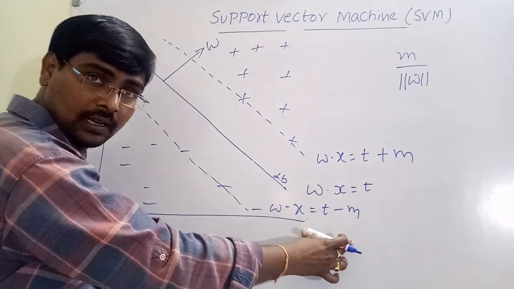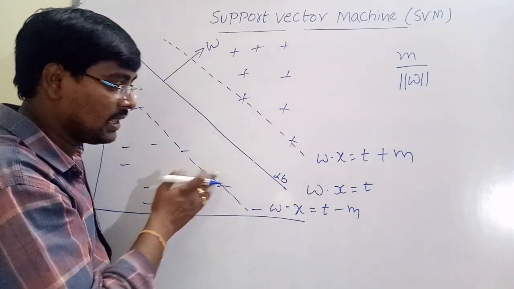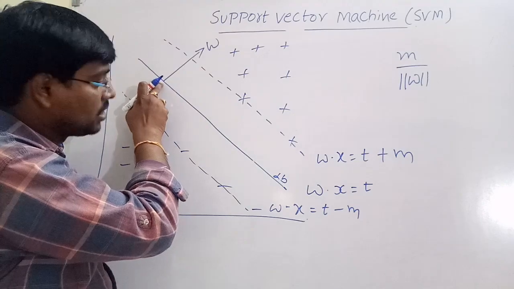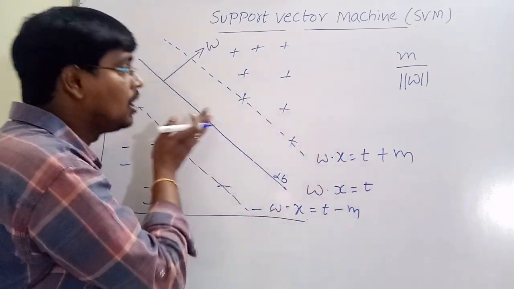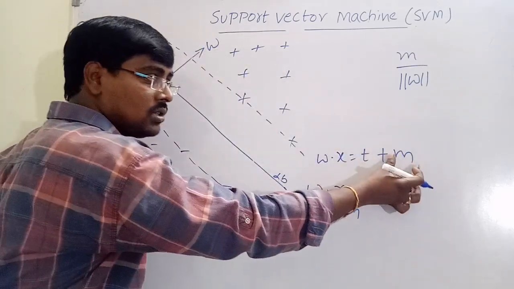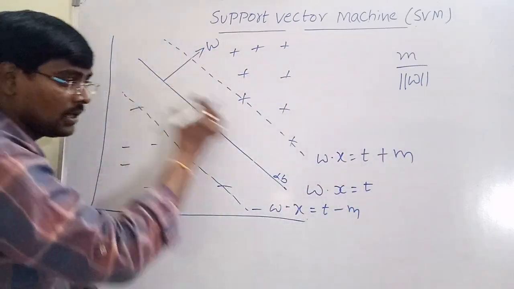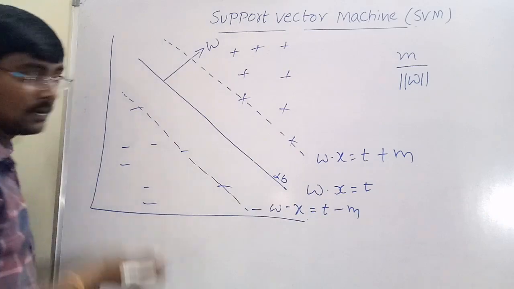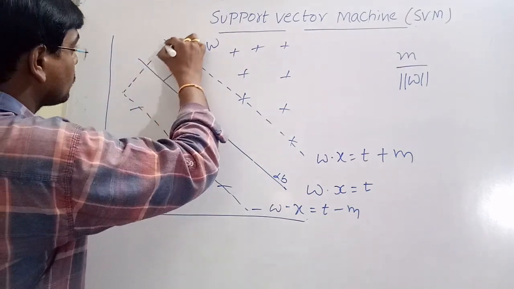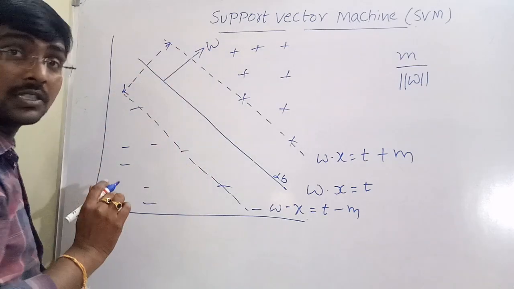Okay, these points are clear. I am calculating the M value. From this position, M is equal to 0. We are moving in this direction, so we are adding this distance. In the other direction we subtract this distance, T minus M. Now what is this value?